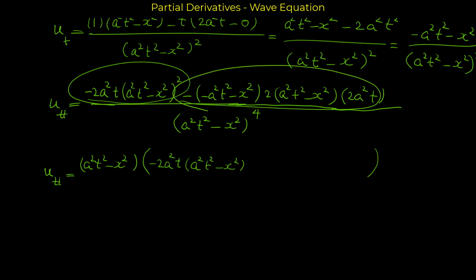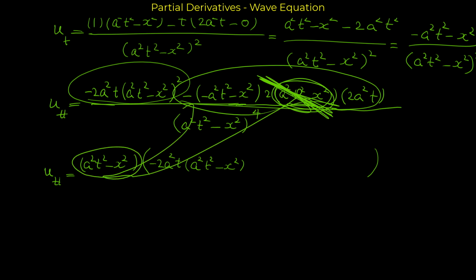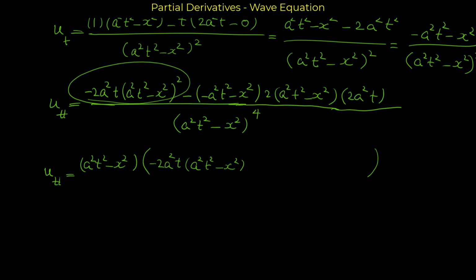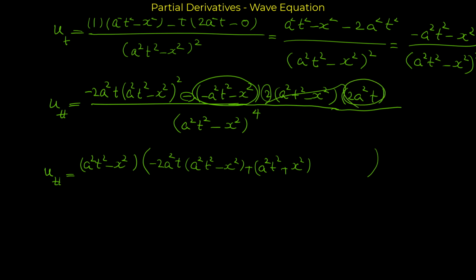And from this, a²t² minus x² cancels because we factor it and put it outside. And from the second term, what remains is plus, we multiply this negative inside this bracket and it becomes plus a²t² plus x², times 2 times this, which would be 4a²t.